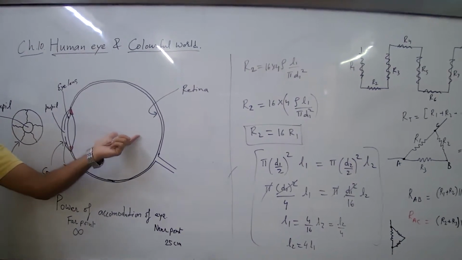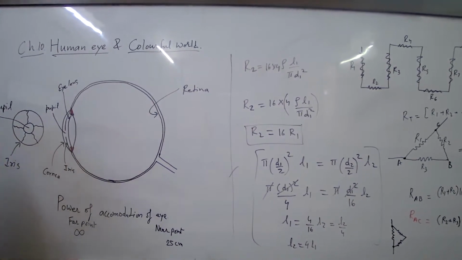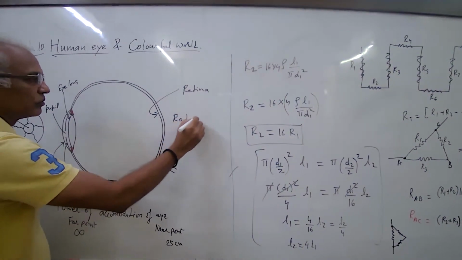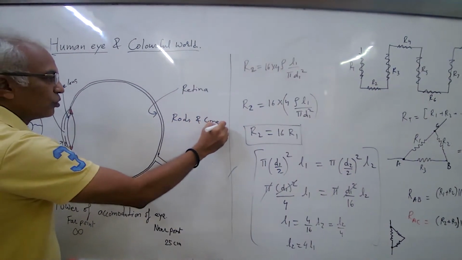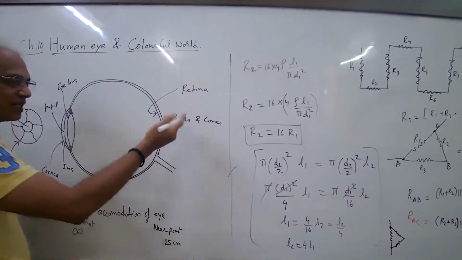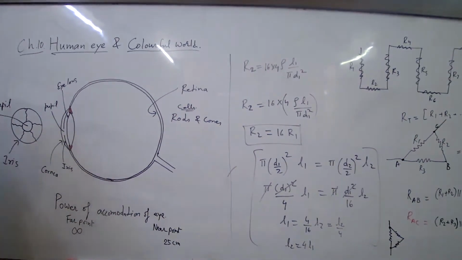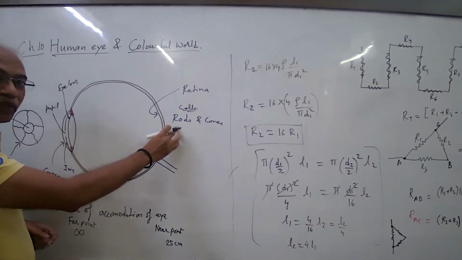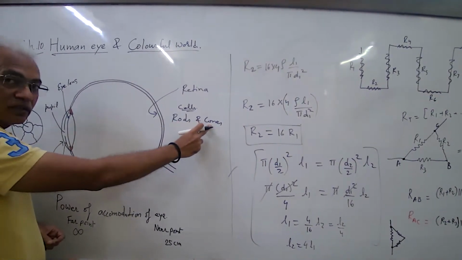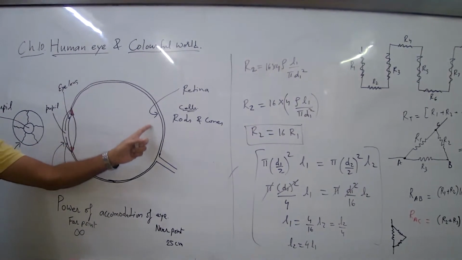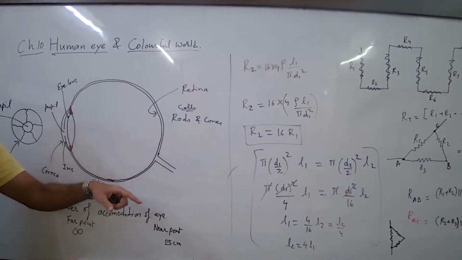So the image is obtained on the retina. Now the retina has some tissues, cells called rods and cones. The rod is sensitive to brightness and the cone cells are sensitive to colors. They convert the optical information into electrical signals.